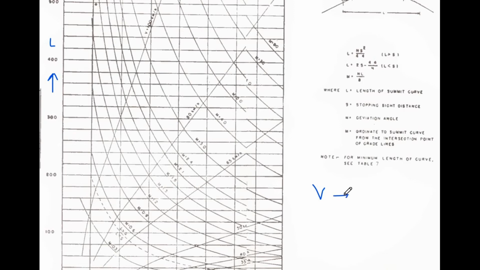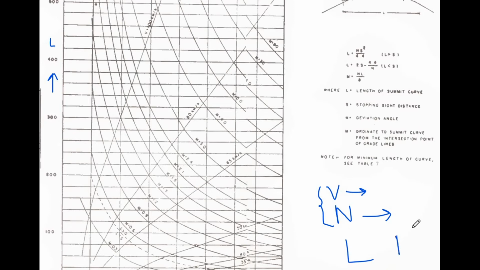This velocity is also called the design speed, which basically depends upon the class of road on which we are going to design. And since we have the two values, the velocity and the deviation angle, which we'll get after the finalization of the gradient, whether ascending or descending, using these two values we'll find the value of L. What is L? L is definitely the length of curve.